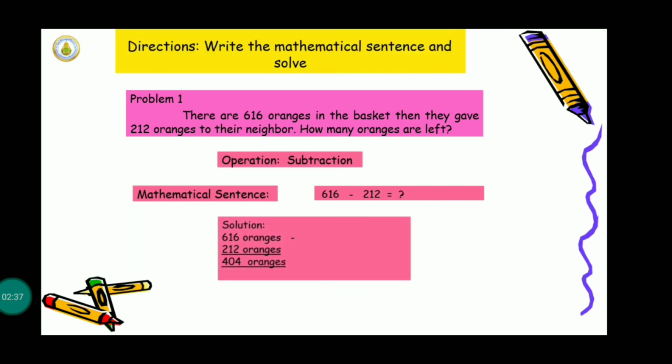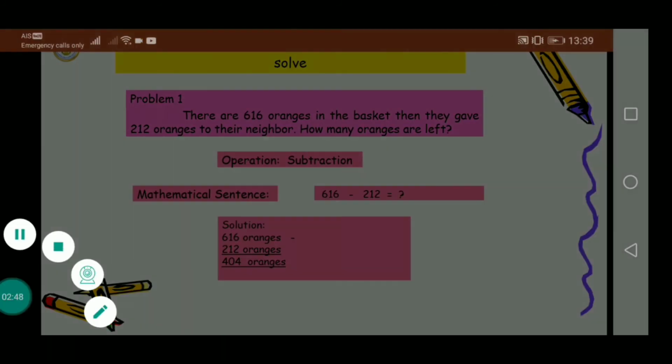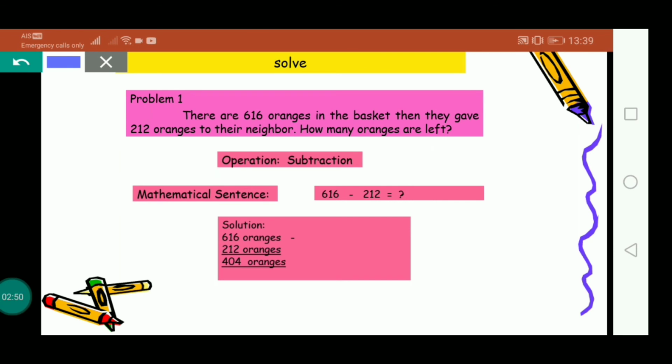Next, step 2, what are the facts given, or what is the information given in the problem? It says here, there are 616 oranges. So this is our fact number 1. Next, they gave 212 oranges. So we're going to minus 212 oranges.